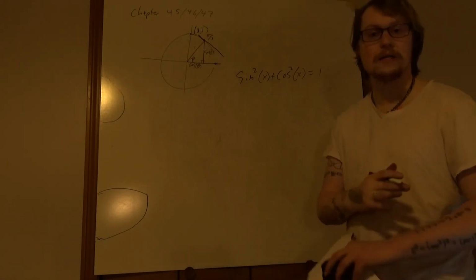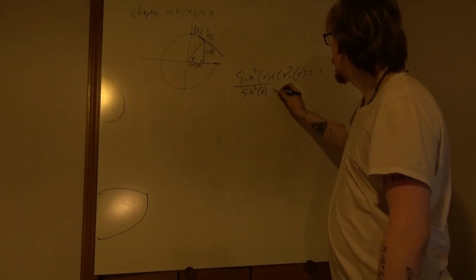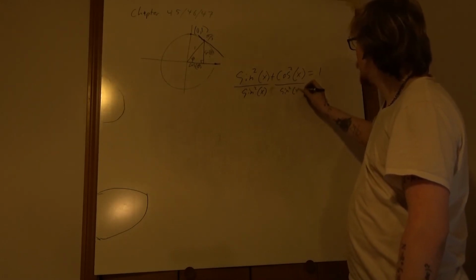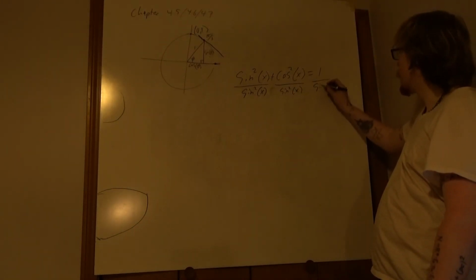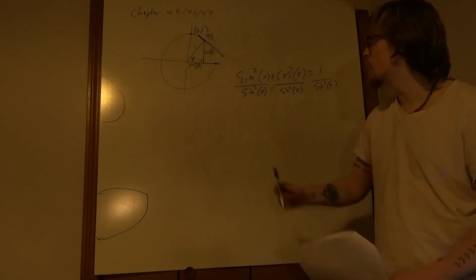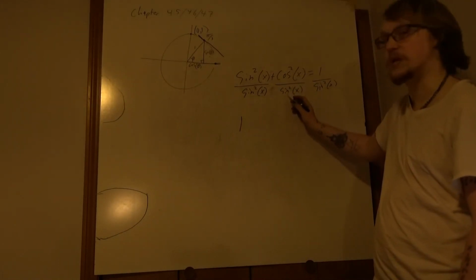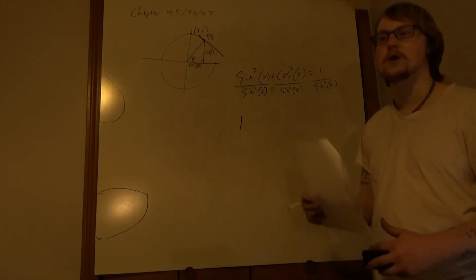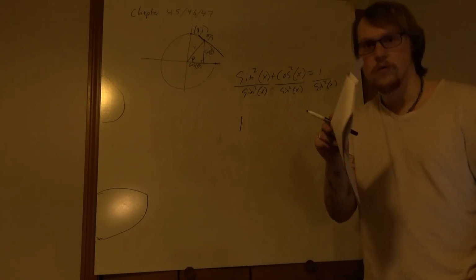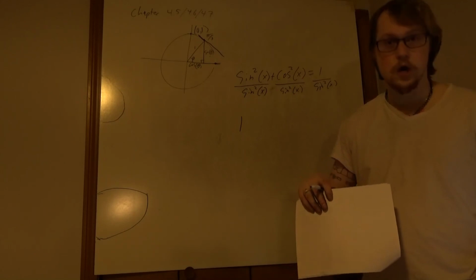Now, if I go and divide everything by sine squared, this is going to reduce things, right? So sine squared divided by sine squared is 1. Cosine squared over sine squared, well, that's going to be the same as cosine over sine times cosine over sine. But we know that sine over cosine is tangent, so cosine over sine is cotangent.